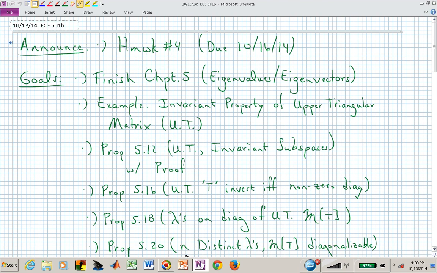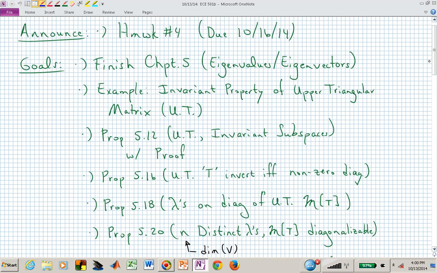This is our final day for Chapter 5 is the plan, and we may not get all the way through, but it's on you if we do not. What we will try to do is at least get to the real eigenvalue case.